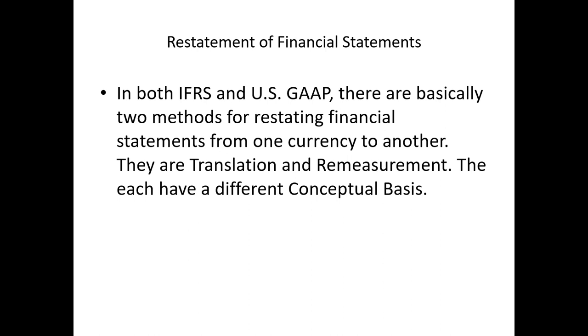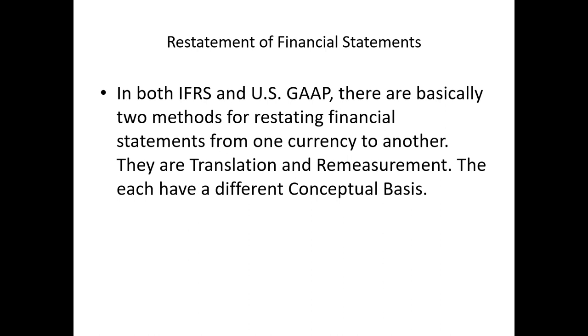So you may have a US parent that owns a company in Europe, let's say Germany, in continental Europe, and they would express their financial statements in euros. Before consolidating, you would have to take the foreign subsidiary's financial statements, restate them to US dollars, and then do the consolidation, because the US reporting currency is obviously the US dollar.